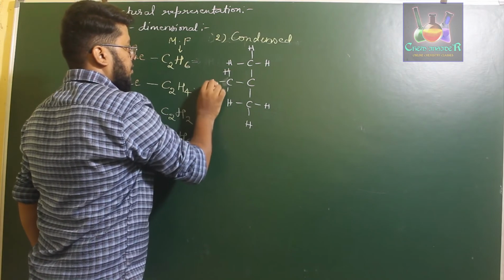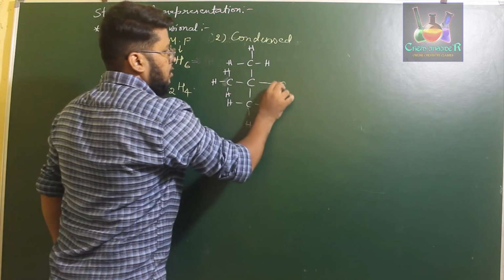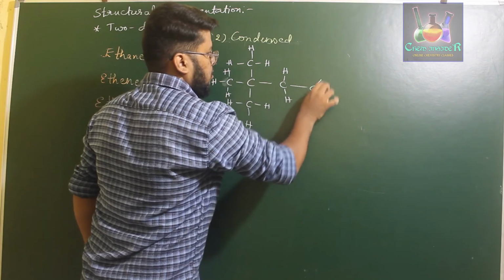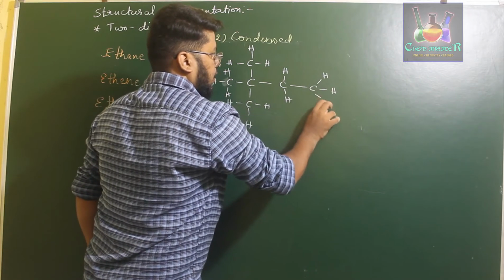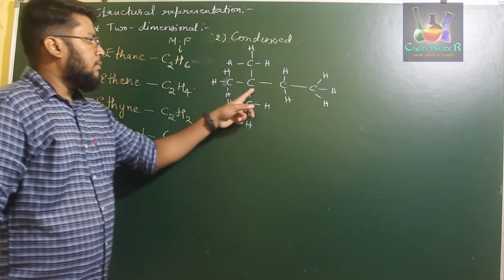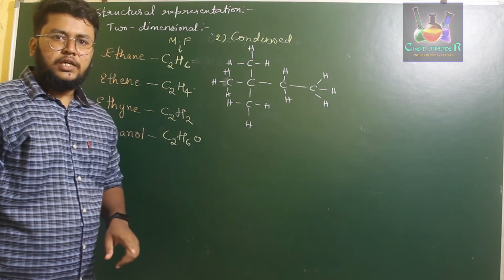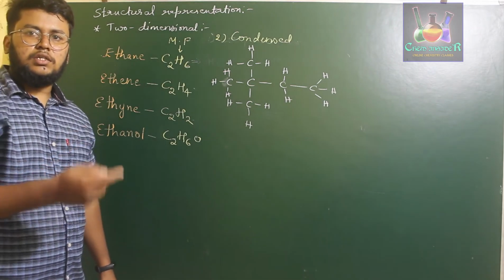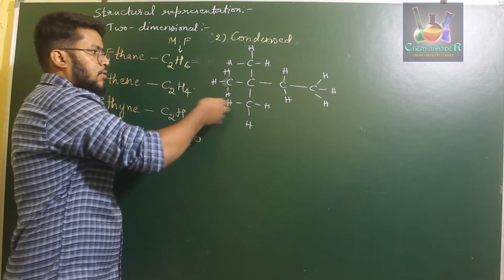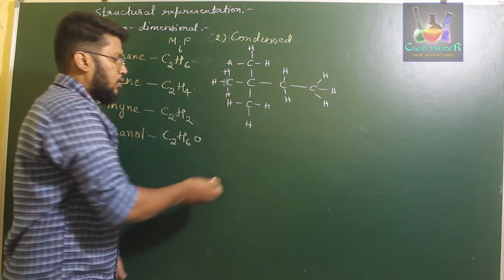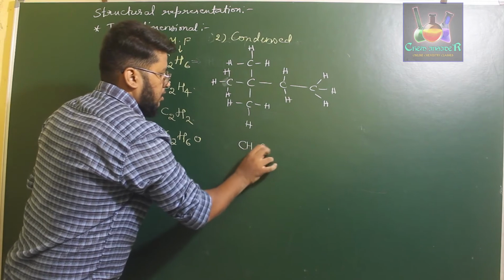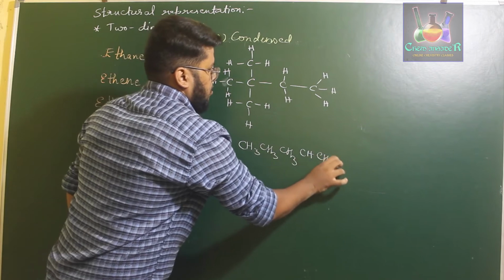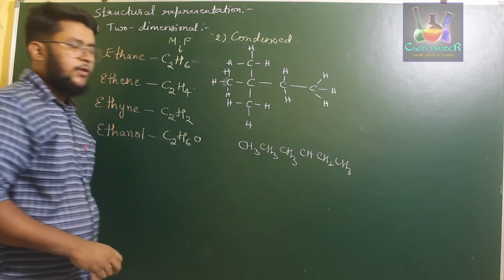Hydrogen, hydrogen, hydrogen. In this particular compound, we have this carbon attached to more than two CH3 groups. So in this type of structure, we cannot write CH3, CH3, CH3, CH2. If you are about to write the condensed form of this organic molecule, you cannot write it as CH3, CH3, CH3, CH, CH2, CH3. So this is the wrong type of representation.